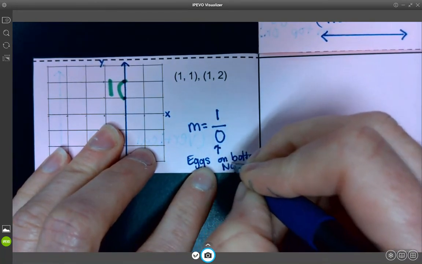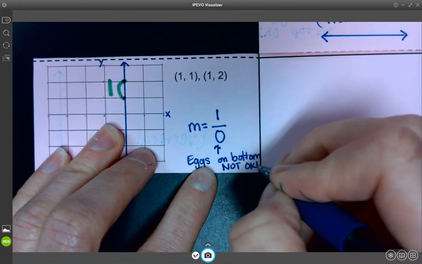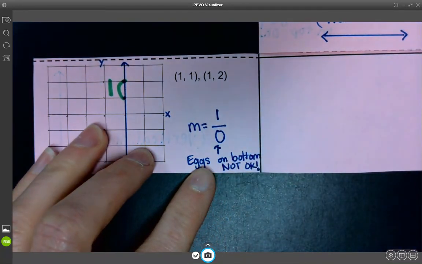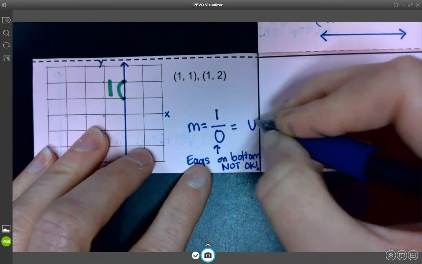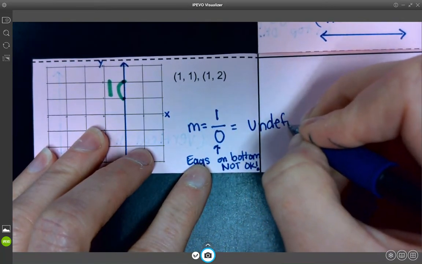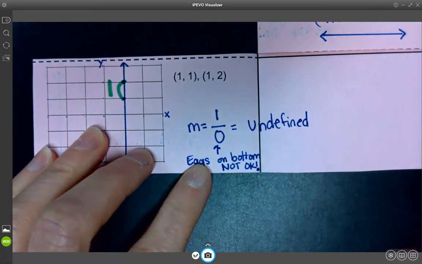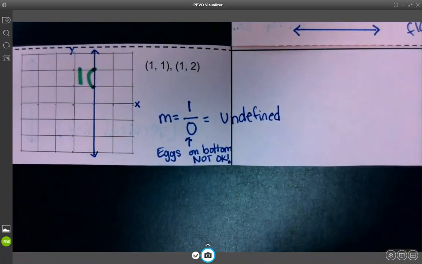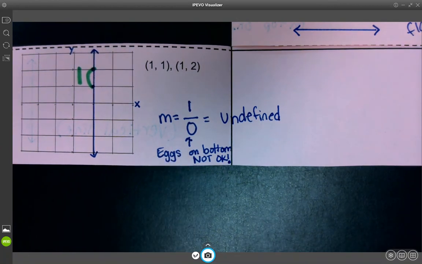Not okay. If it's not okay, then it's undefined. Undefined is the worst word in math language. Eggs on bottom is not okay, so it equals undefined.